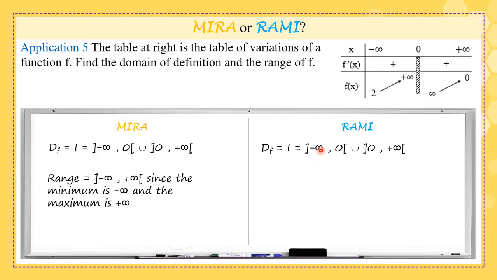Let's see Rami. The same domain for Rami. And the range is f of (negative infinity, 0) union f of (0, plus infinity). So Rami divided the interval into two subintervals, and he found f of (negative infinity, 0), which is (2, plus infinity). And f of (0, positive infinity), which is (negative infinity, 0).